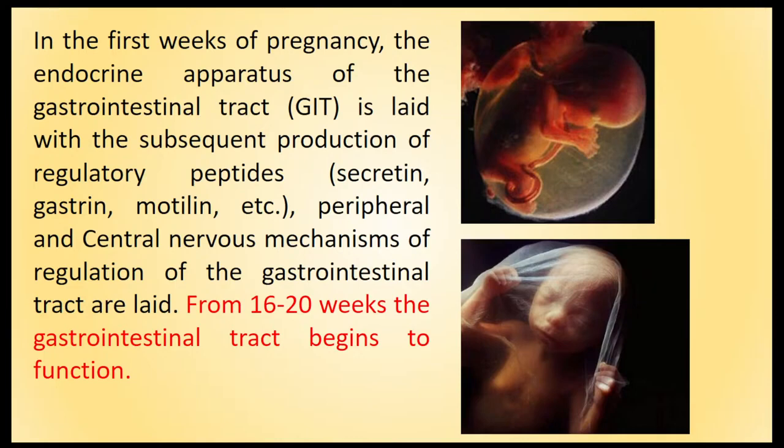From the 16th to 20th weeks of the embryonic period, the gastrointestinal tract begins to function. After 4, maximum 5 months, the function of the gastrointestinal tract of the child begins in the uterus.